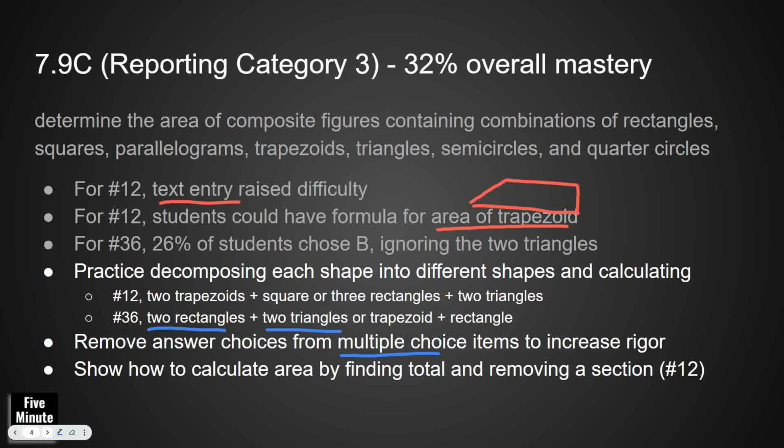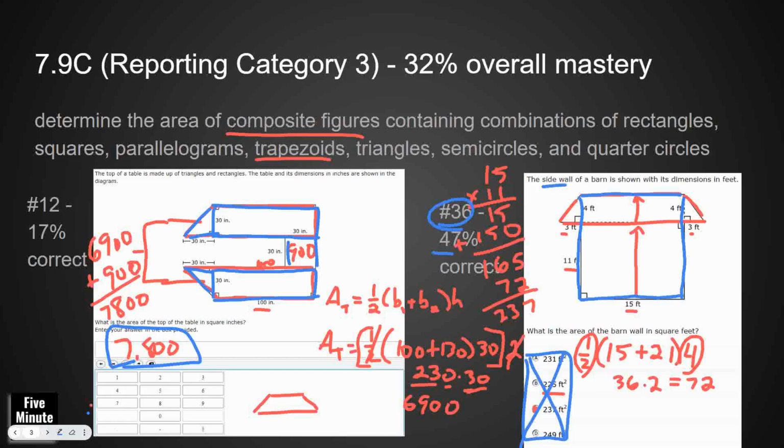And then for number 12, what we could have done is we could have calculated the entire area, another option we didn't talk about, and then removed a section. So let's go back and take a look at that. I'll go over this with green. Okay, what we could have done is we could have taken this entire thing right here, right? And we could have said, you know what?